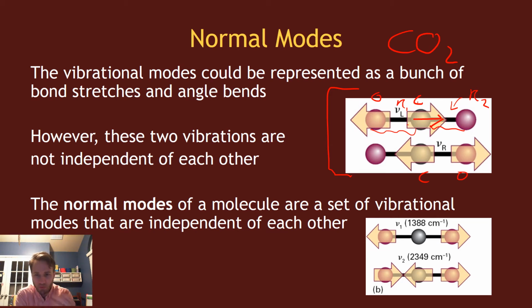And so my normal modes are defined, for example, in the bottom picture here, where the first normal mode has the bonds stretching and compressing equally for the CO bonds. The other normal mode is when I have one CO bond compressing while the other CO bond is lengthening.